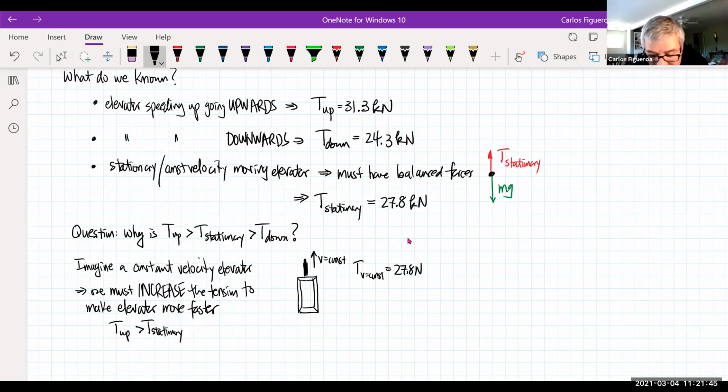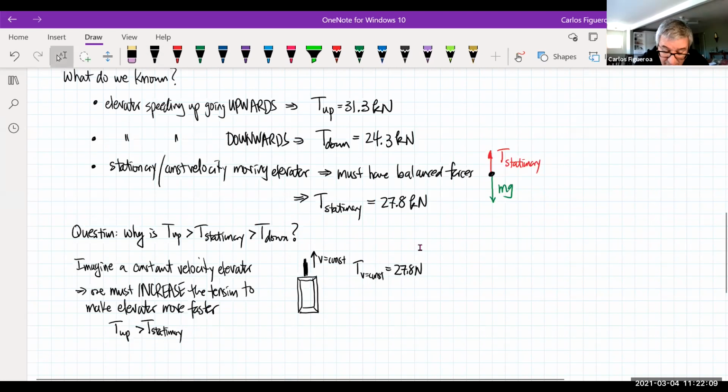Now, let's think about it in the opposite direction. If I'm thinking about the elevator going down, what's actually happening in this situation? Well, the elevator's already falling, okay?